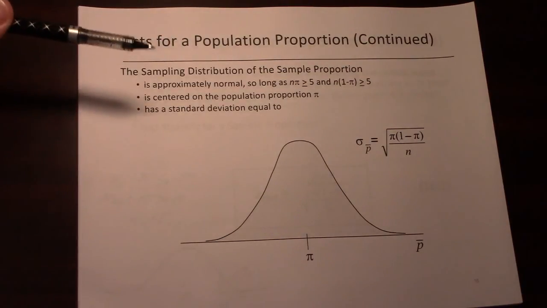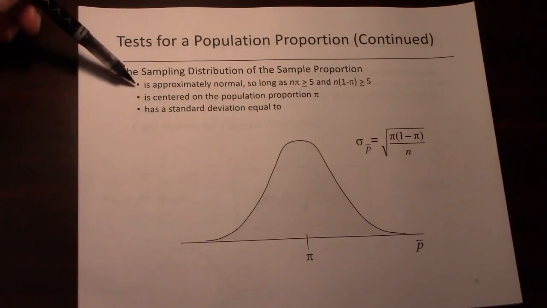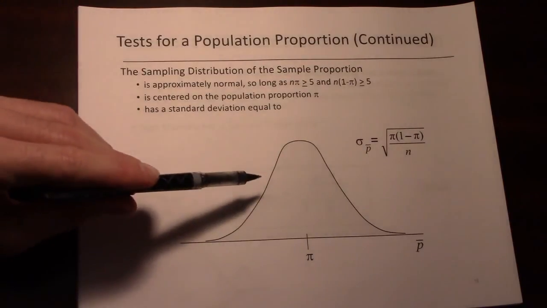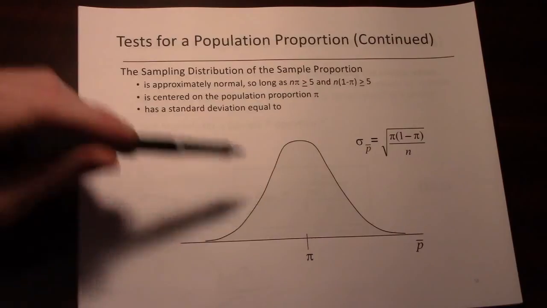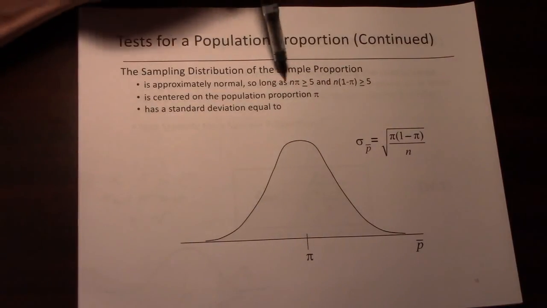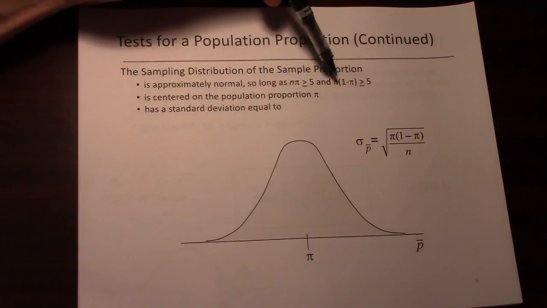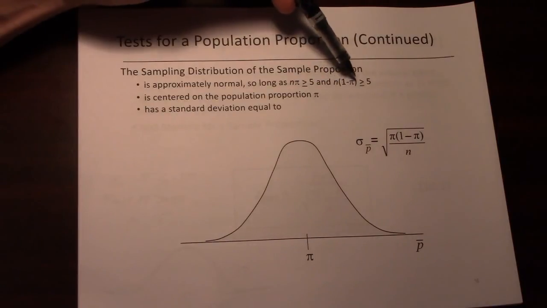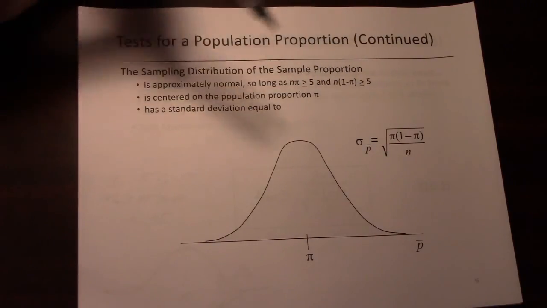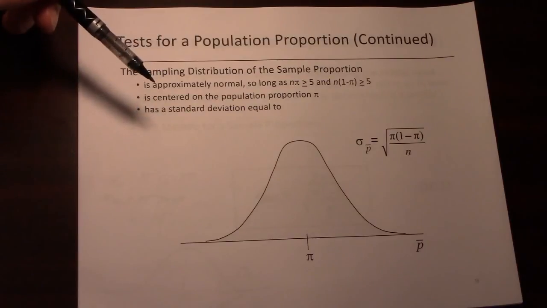And if we use good sampling procedures and we have the appropriate sample size, this distribution will be approximately normal. And recall that as long as the sample size times the population proportion is greater than or equal to 5, or the opposite, n times 1 minus the population proportion is greater than or equal to 5, then we're good.